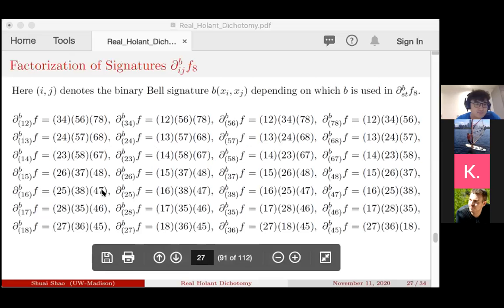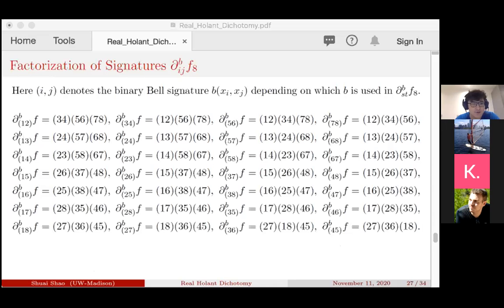And here we list the factorizations of all signatures realized by merging variables of f sub 8 using a bi-binary signature B. Here, i and j mean the bi-binary signature B on variables xi and xj. This depends on which B you used for the merging gadget.